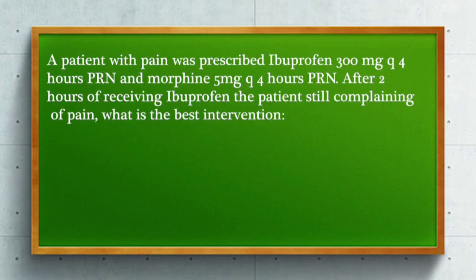Next question. A patient with pain was prescribed ibuprofen 300 mg every 4 hours PRN and morphine 5 mg every 4 hours PRN. After 2 hours of receiving ibuprofen, the patient is still complaining of pain. What is the best intervention?